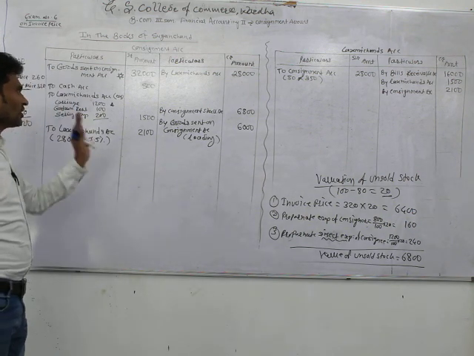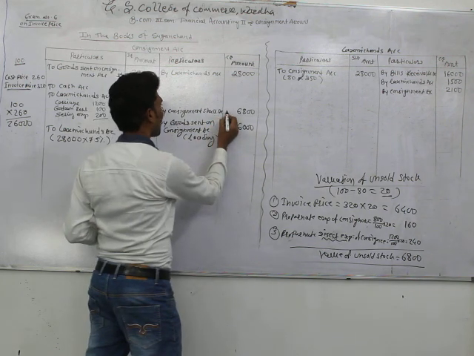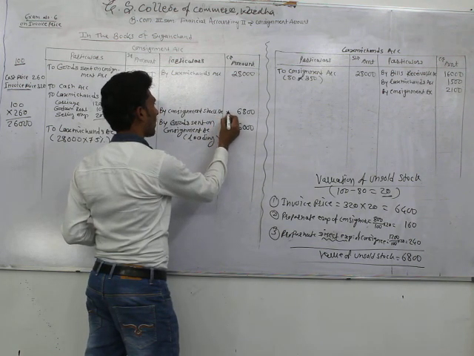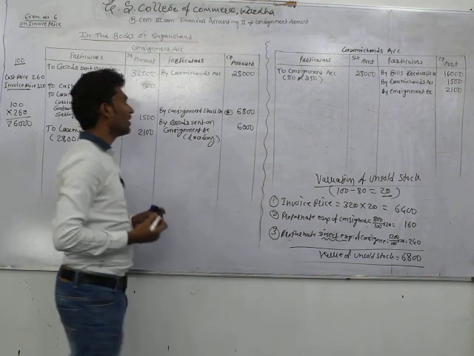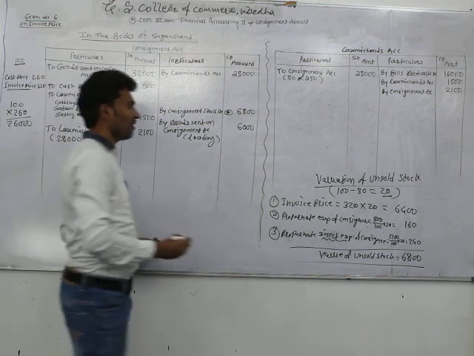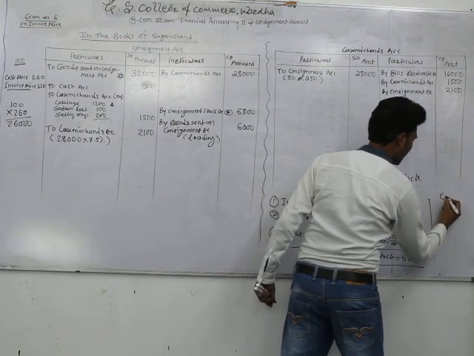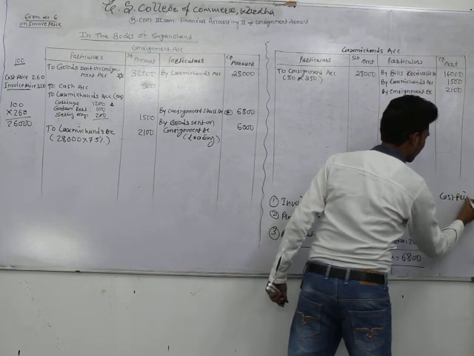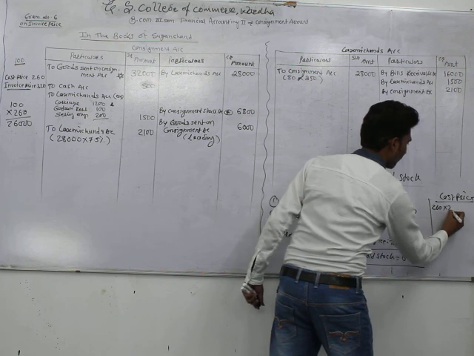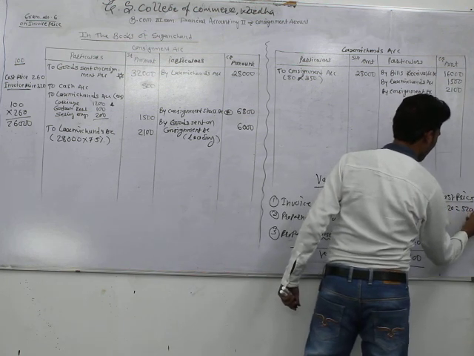There is no transaction of goods return, but at the end of the financial year, when you have valued the unsold stock as per invoice price, there is some difference. If you evaluate unsold stock as per cost price, 20 bed sheets become rupees 5,200.